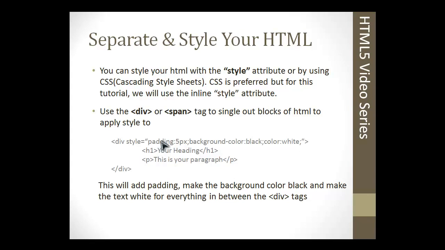So it's going to have 5 pixels on each side of it, a space with 5 pixels on each side. And the background color of the entire div will be black. And the color is actually the text color. So the H1 in the paragraph will be white text. And I'm going to get into this very soon when we start our first project, our first small web page.